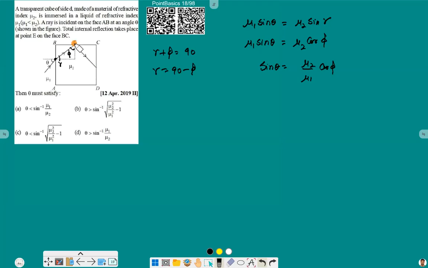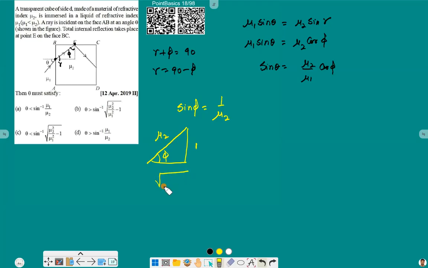Now let's come to this point where total internal reflection is happening. For this point, we can write that sine of phi must be equal to 1 by mu2. And if this is the value of sine of phi, then we can make a triangle where this is phi here. So this is 1 and this is mu2.